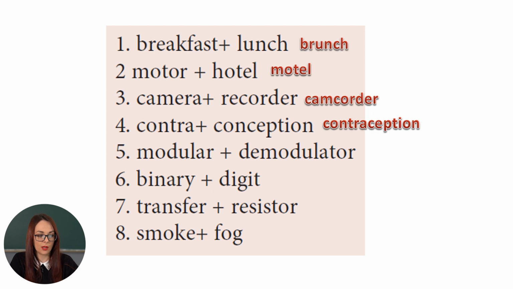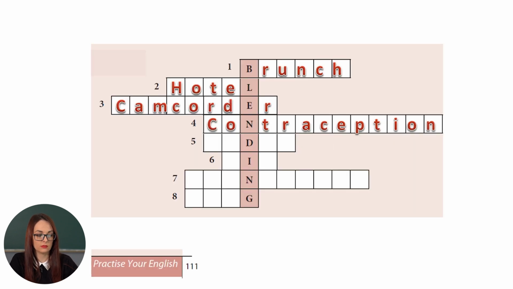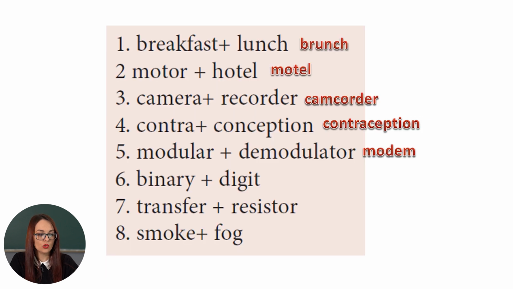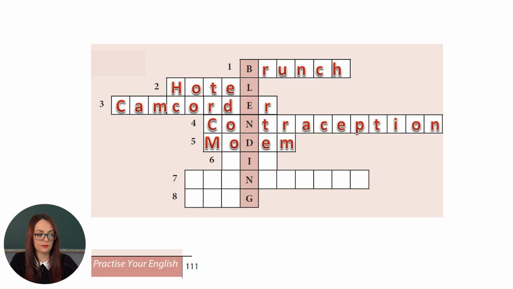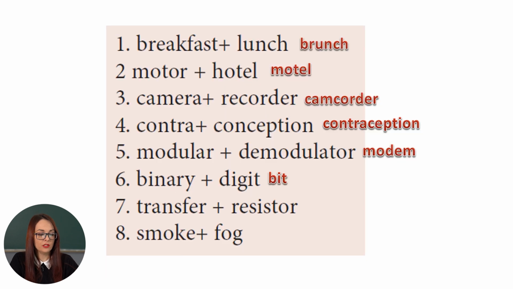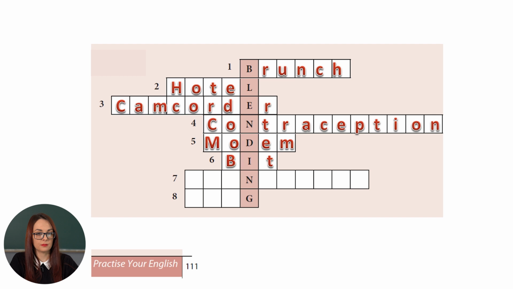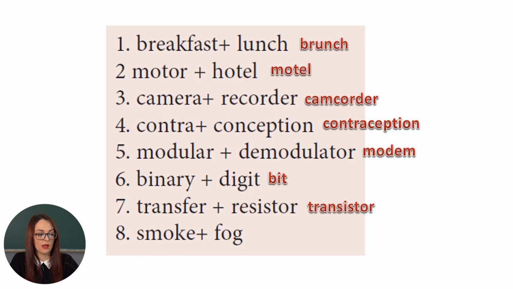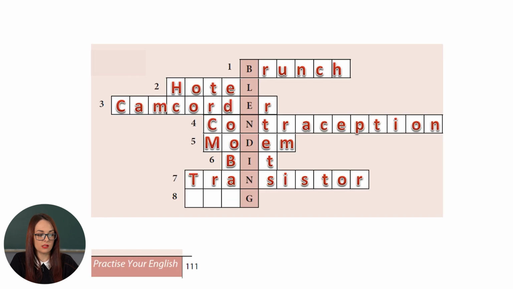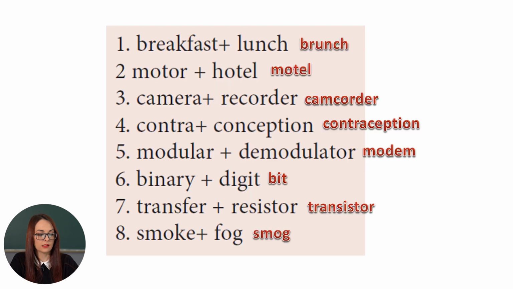Contra and conception is contraception. Modular demodulator is a modem. A binary digit is a bit. Transfer resistor is a transistor. And smoke and fog is smog.